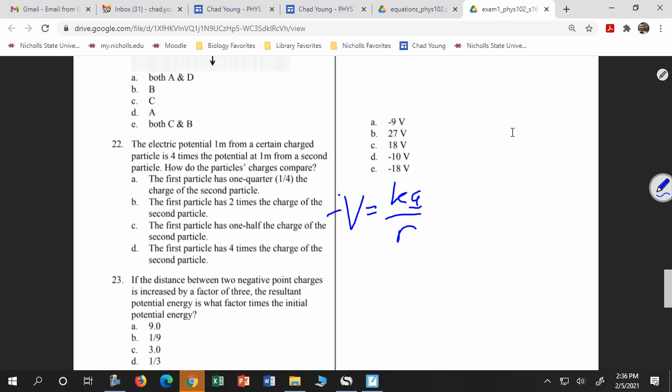That means the first particle must have 4 times the charge. Because the first particle has the bigger potential by a factor of 4, and they're both at the same distance, 1 meter, the only thing that's different is the charge. It must be 4 times the charge of the second particle.